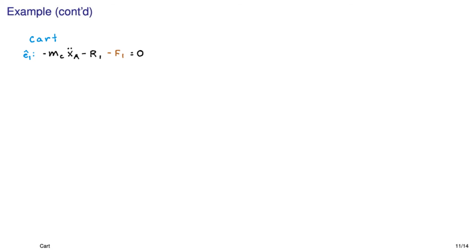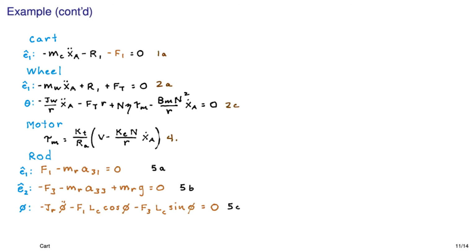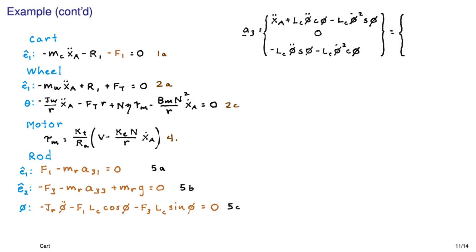So let's put down these equations again. Let me fast forward a little bit. There we go. That's nothing new. It's exactly what we had on the previous page. And now we can put in our A3. Now that I've summarized all these equations, we're going to start combining them.